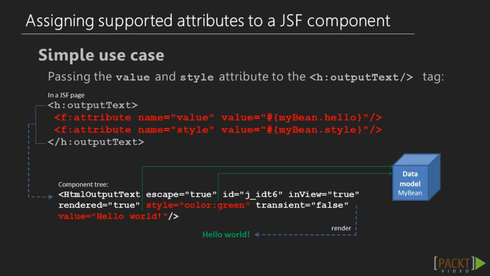As you can see here, the component tree reveals the values extracted from the data model, or more precisely from my bean. In addition, you can see that the value and style attributes are attached to the output text component next to other attributes of this component. So at rendering time, we will see the text Hello World highlighted in green.